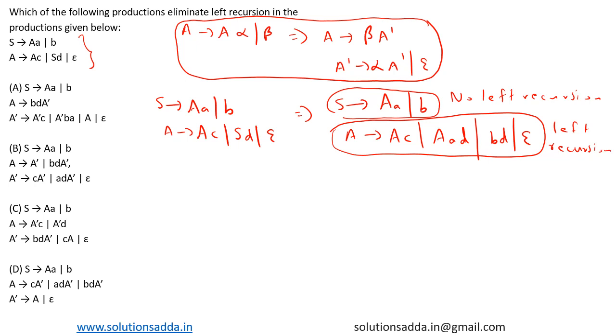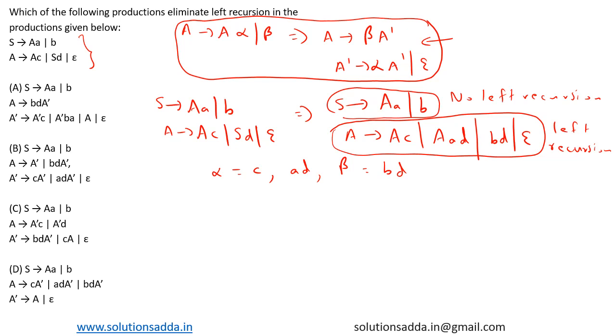Now based on this formula, we can take alpha as C here. We can also take AD as alpha. We can also take beta as BD.